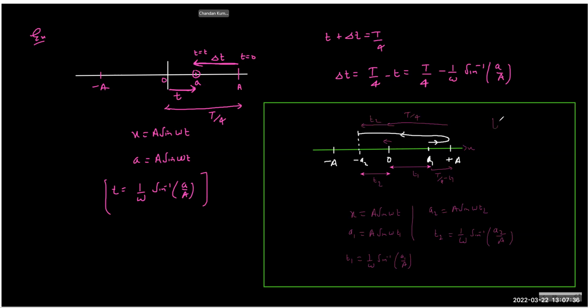So the total time of journey is T by 4 minus t1 plus T by 4 plus t2. That's it, isn't it? So this becomes T by 2 minus t1 plus t2. Even in the most complex question, if I just want to know from where to where I want to go, I will not calculate the other point's value.